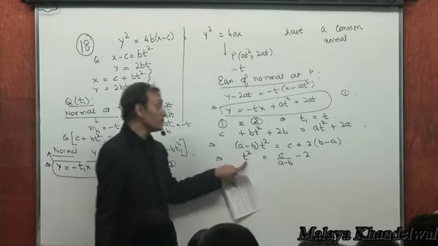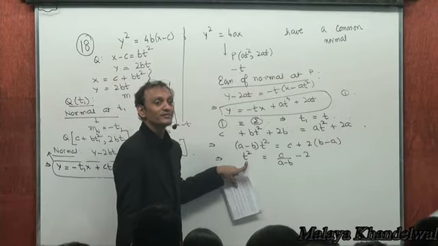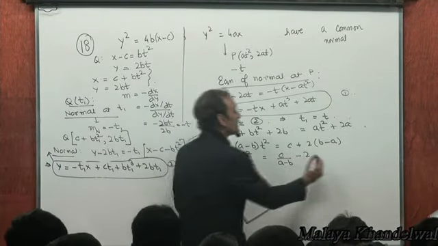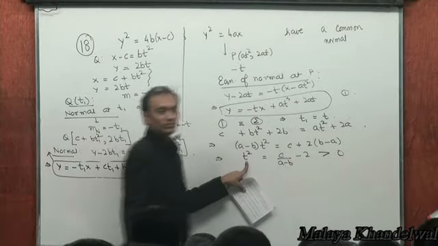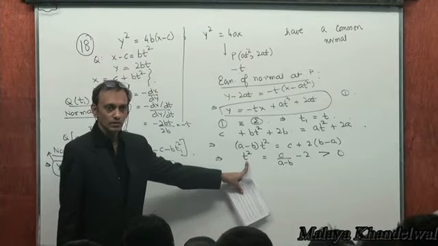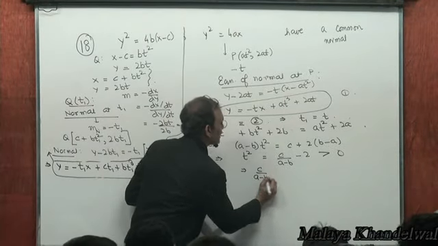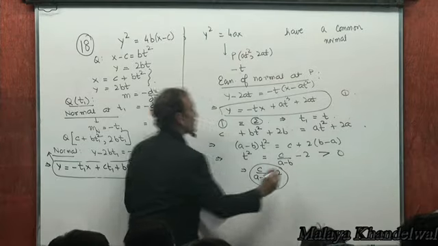But T is a real number, not 0, so T squared must be greater than 0. This must be greater than 0, because T is a real number. And therefore, the required condition is C by (A minus B) greater than 2.